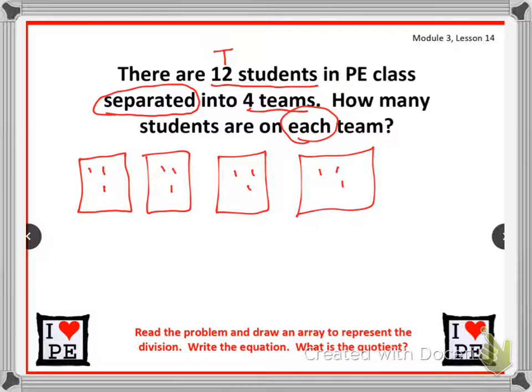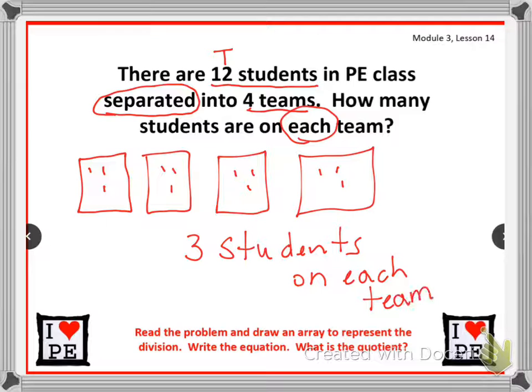If we look at our drawing here, we see that we have 3 students on each team. And this is an example of partitive division. If they gave us 3 students on each team and asked how many groups we can make, then that would be a measurement division.